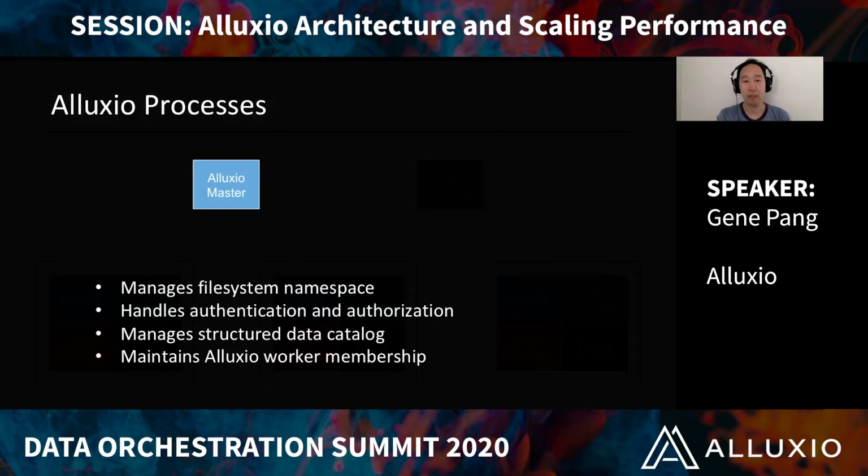It manages the file system namespace, it handles the authentication and authorization, which can be pluggable. It also handles the catalog service metadata, such as the structured data for the structured data services. It also maintains the membership information for the other various Alluxio workers in the system.